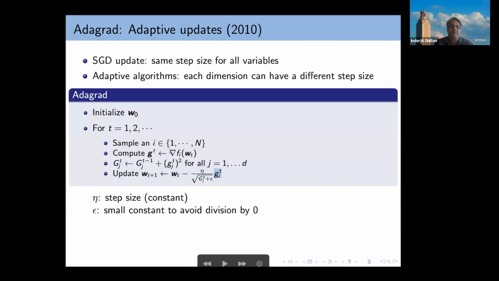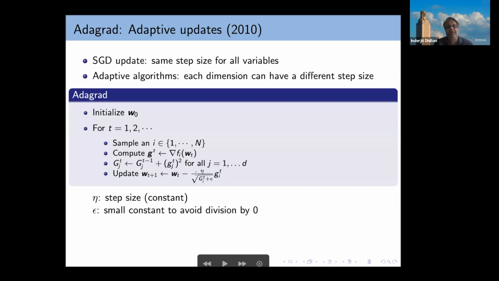Gt just means the gradient of f, and the ith component of the gradient. There are some notational issues over here; I should probably have put j over here, and Gj over here.